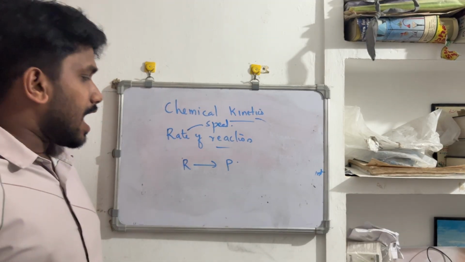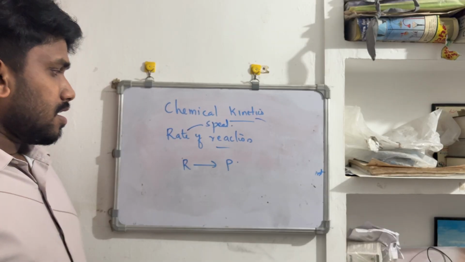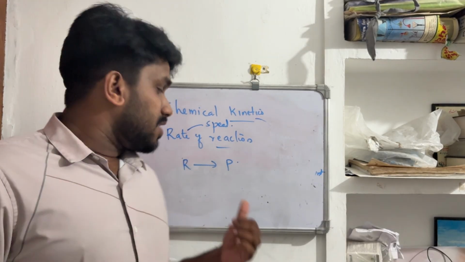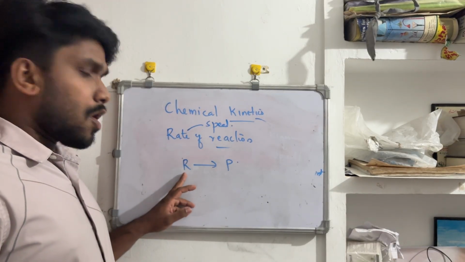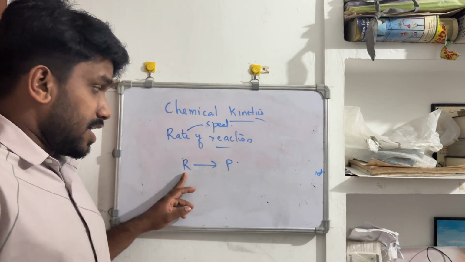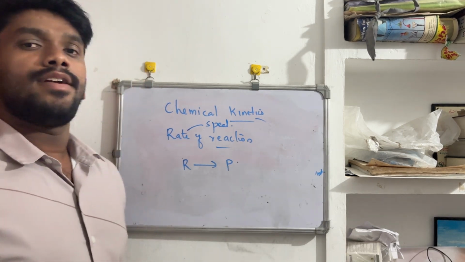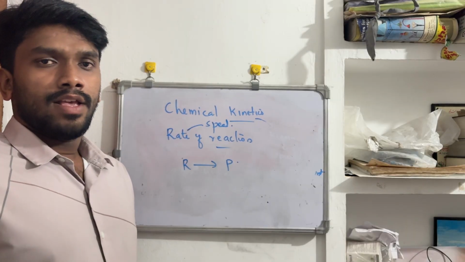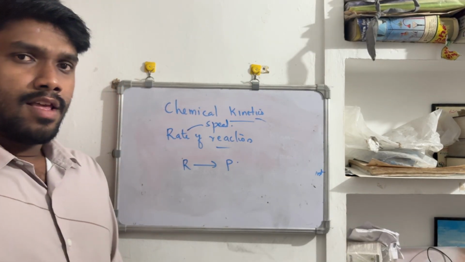How can we calculate the speed of the reaction? We can calculate the speed of this reaction either by checking the concentration of reactants with time or the concentration of products with time. It's our choice. Mathematically, how can we represent this?